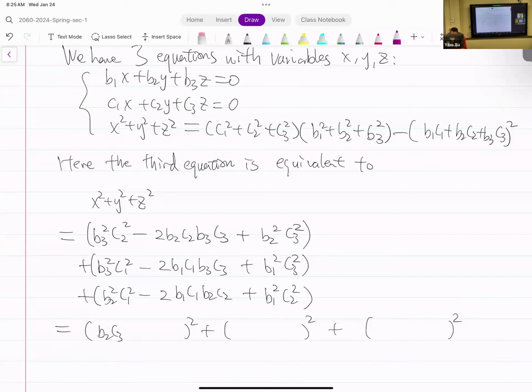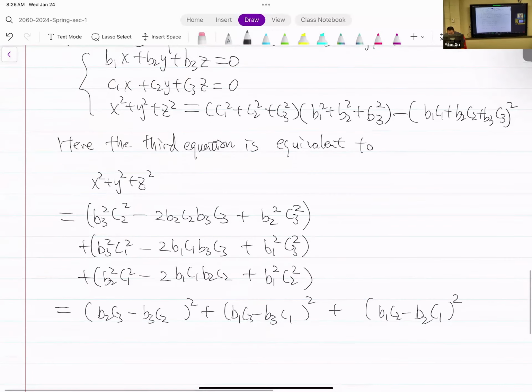Although in this term it looks to be B3, C2, to be consistent with the order of the expression at the beginning of the section, B2, C3 minus B3, C2. Okay. And then the second component, B1, C3 minus B3, C1. And plus, B1, C2 minus B2, C1.